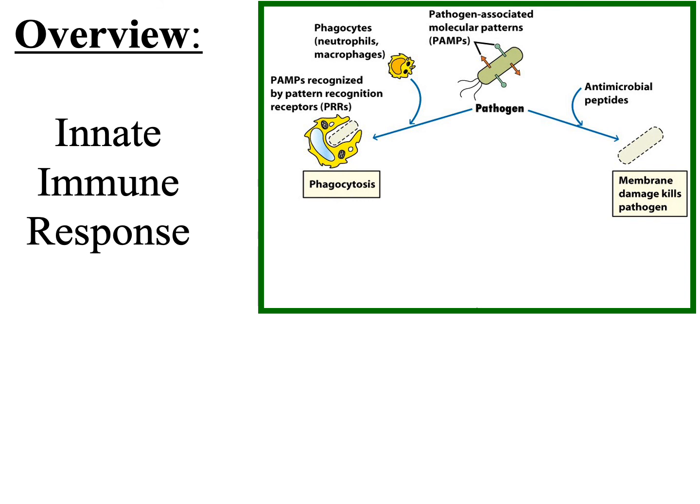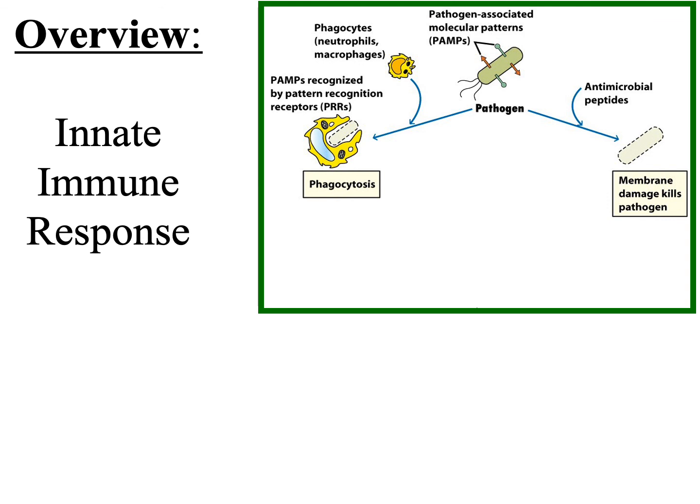Additionally, a pathogen may encounter a different fate. If a phagocyte does not recognize and interact with the pathogen, there are other molecules that are produced by leukocytes that we mentioned in the previous lecture, known as antimicrobial peptides.